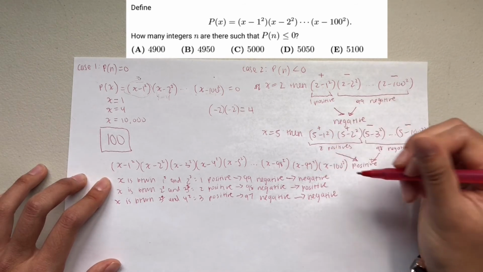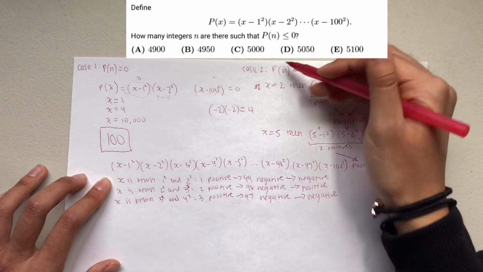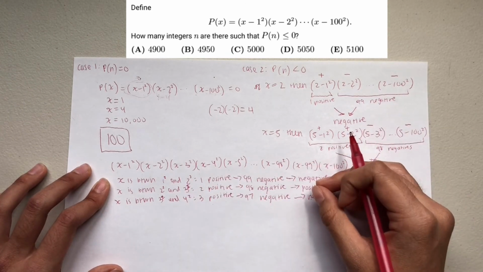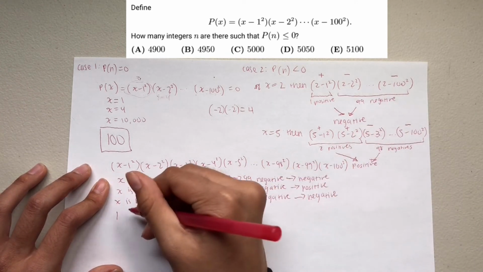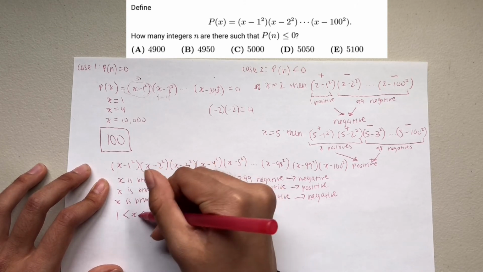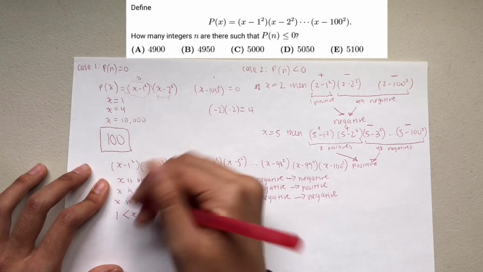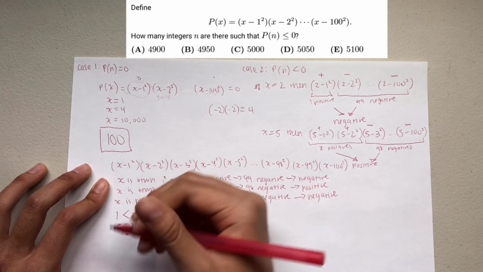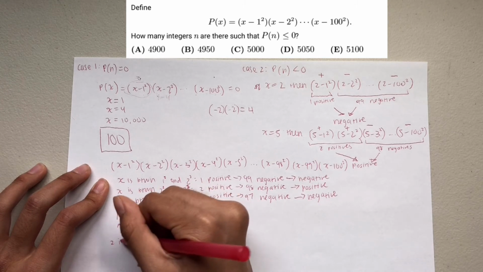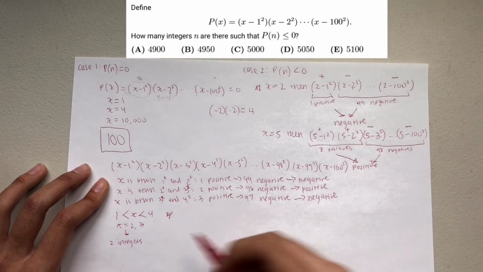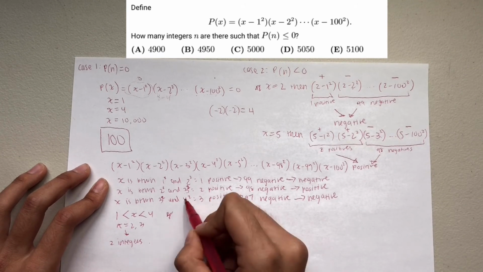Now we know which values of x make P(n) less than 0 or negative. Now we need to find out how many of those integers there are. So x is between 1 and 4. That means x could be 2 or 3, which means that there are 2 integers. Now the next one, x is between 9 and 16.